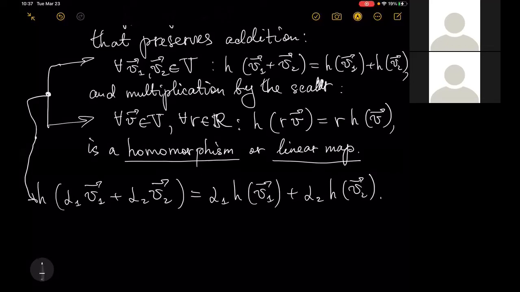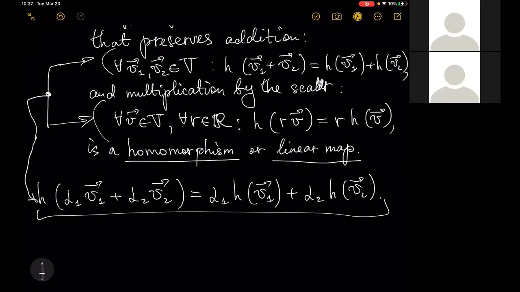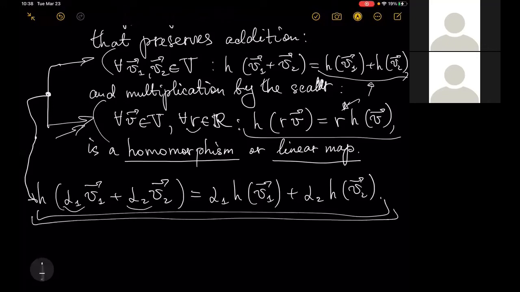So if this is true, then both of these are true, because for the first one, you choose alpha 1 and alpha 2 equal to 1, and then you're getting this. And for this one, you choose alpha 1 equals R, and alpha 2 equals 0, and you're getting exactly this. And vice versa, I have shown that if this is true and this is true, then you can show that this condition is also true.